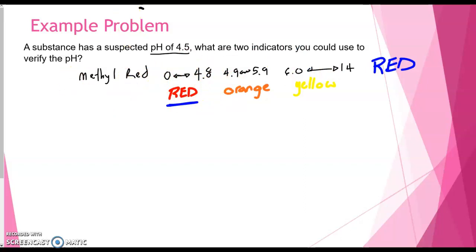Next one we can do is to give us an even better one. Let's look at bromocresol green.